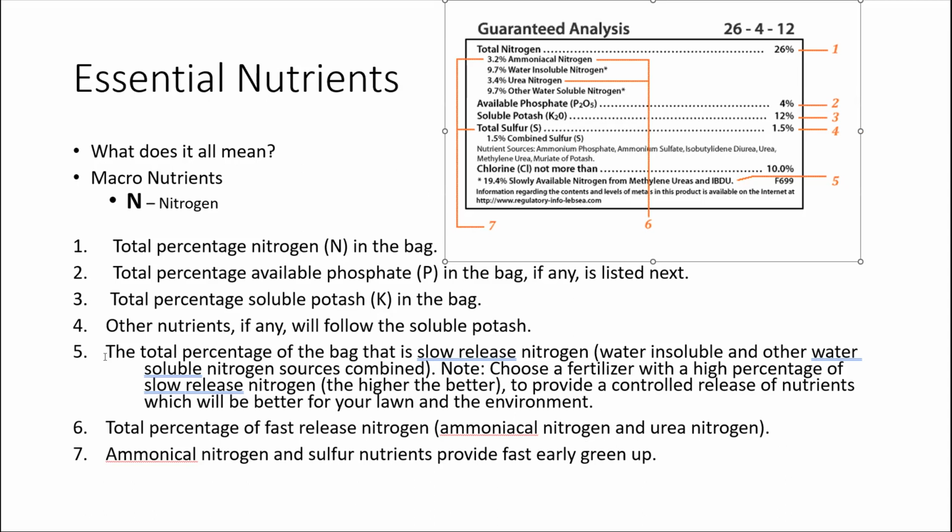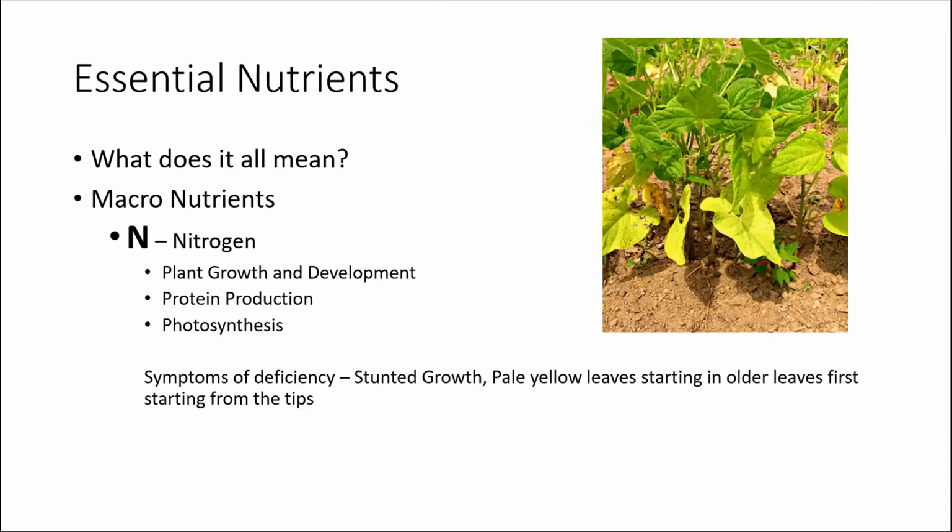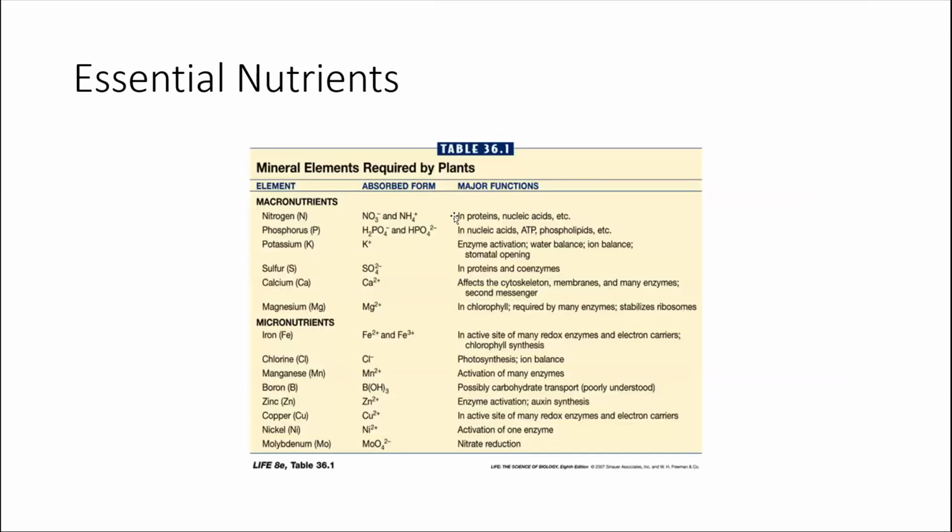Now let me jump back here. This chart gives us the major functions of these macro and micronutrients. For example, nitrogen is found in proteins, nucleic acids, etc. Phosphorus is found in nucleic acids and ATP.